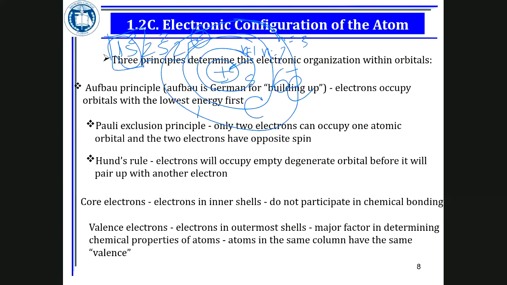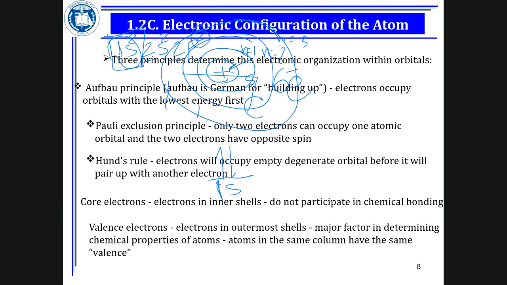Your second rule is the Pauli exclusion principle, from general chemistry. If you have one orbital, let's say a 1s orbital, the 2 electrons that are going to go to the 1s orbital, if one is rotating clockwise, the other one must rotate counterclockwise.